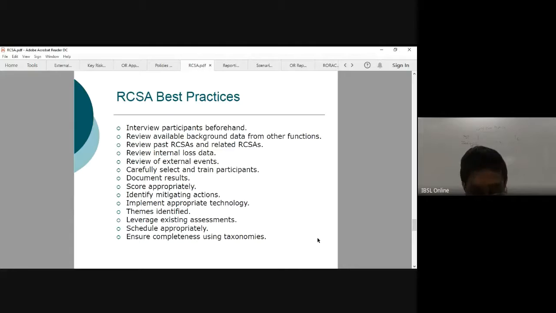Now, in order to do this RCSA, as I told you, in the group level activity, the group has to document the functions of the branch or the department.